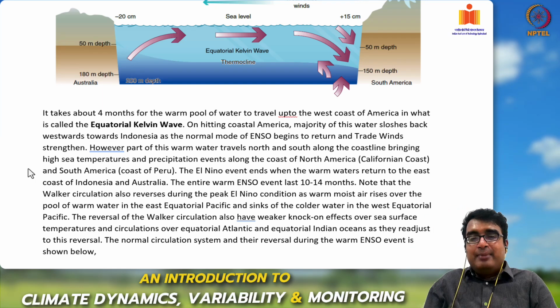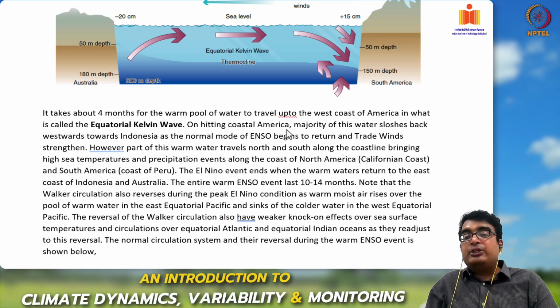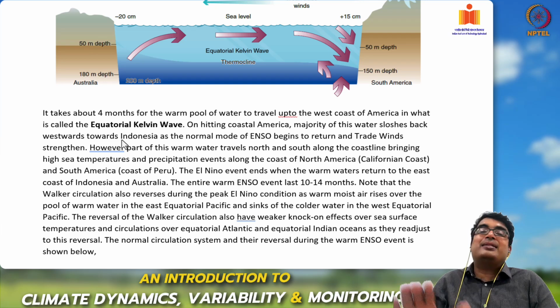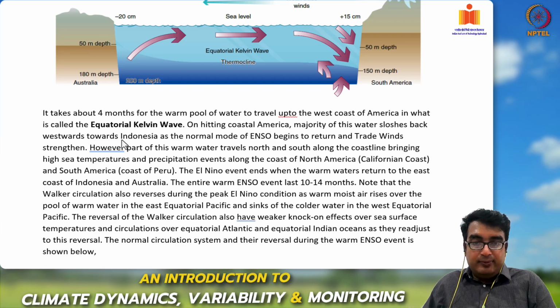So it takes about 4 months for the warm pool of water to travel to the west coast of America in what is called the equatorial Kelvin wave. On hitting coastal America, the majority of this water sloshes back westwards towards Indonesia as the normal ENSO begins to return and the trade winds strengthen.